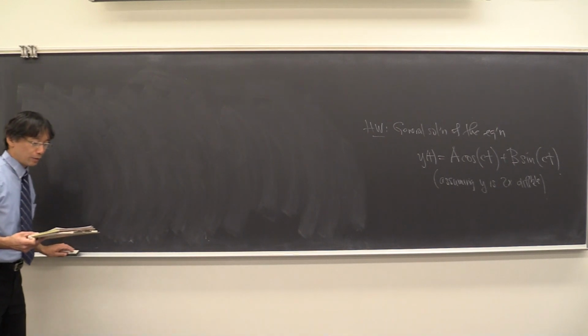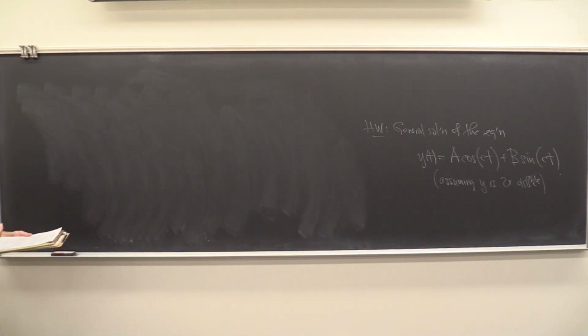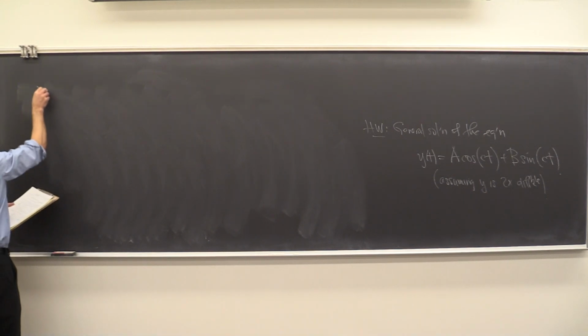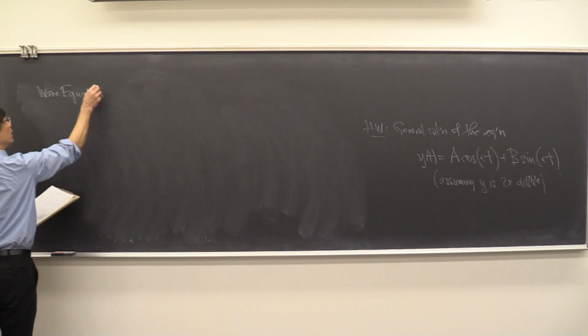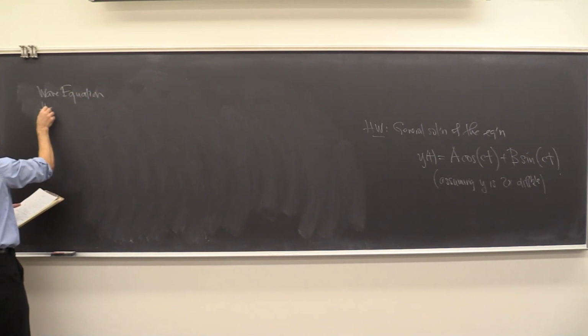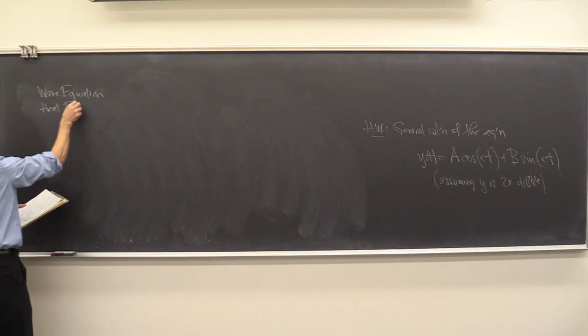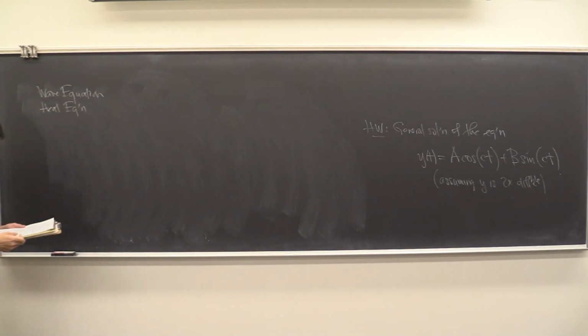So there'll be one or two things that we talk about. One is called the wave equation, and the other is called the heat equation. I'm not sure we'll get to the heat equation, but okay.